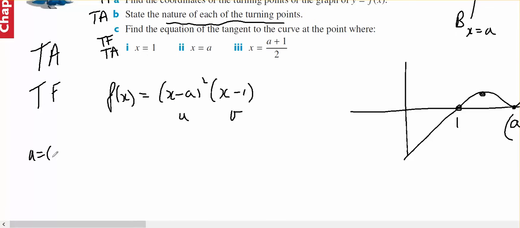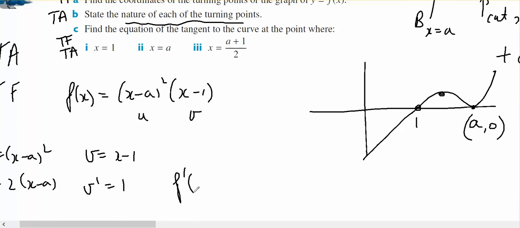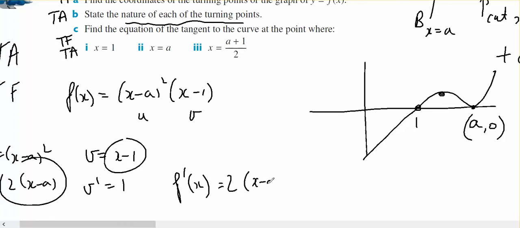So u equals (x minus a) squared, u dash is 2(x minus a) to the 1, and the derivative of the inside is 1. And v is x minus 1, so v dash is 1. So f dash is going to equal this times this, so 2(x minus a)(x minus 1), plus this times this, (x minus a) squared.